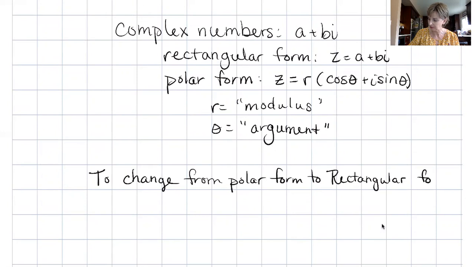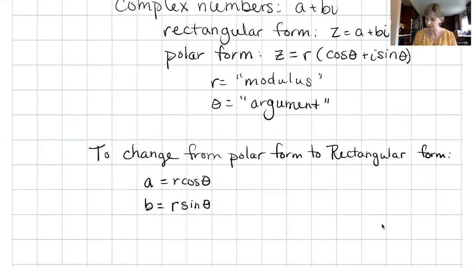You're just going to use a is equal to r cosine and b is equal to r sine, just a combination of our modulus and our argument.